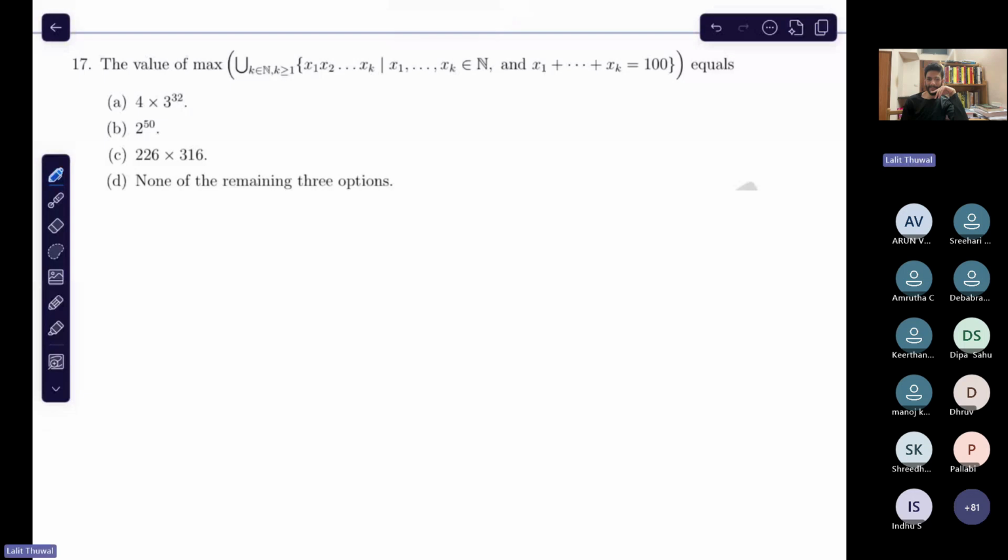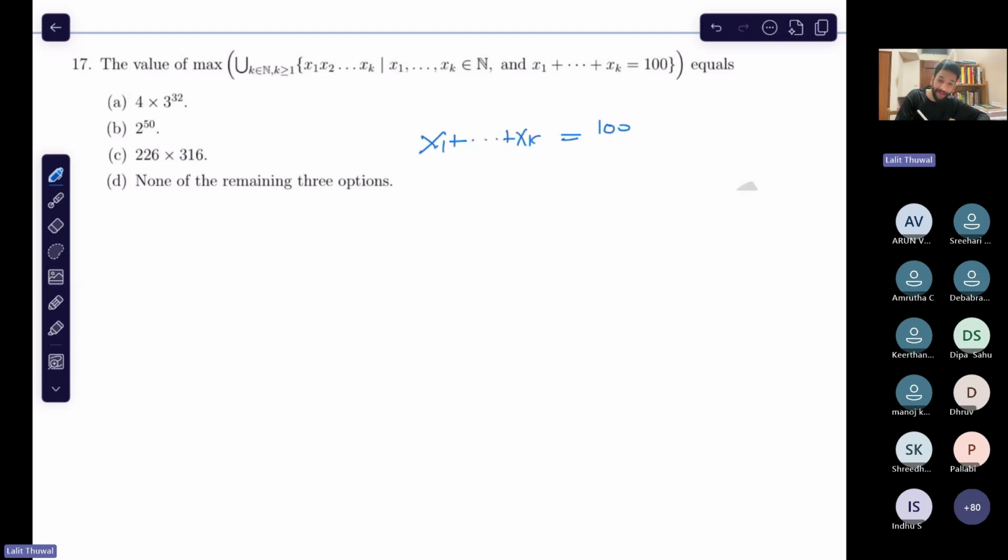This question says, because some of you might not understand the language quickly, the maximum value will be attained because there are only finitely many elements in the set. So whenever you take some partition of 100, suppose you have a partition of 100.